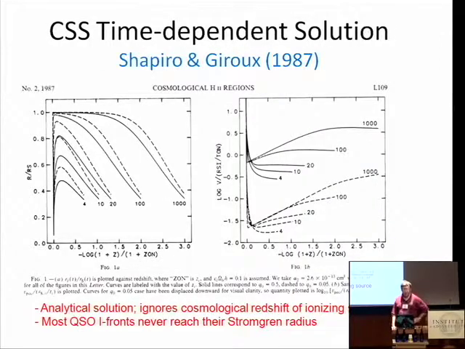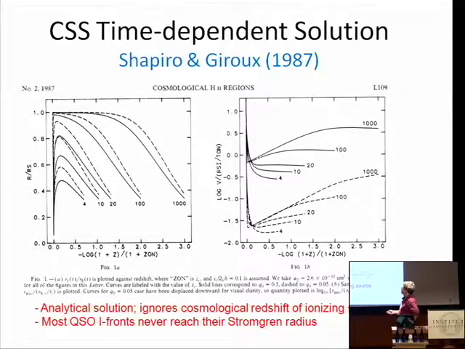Now, you can actually solve the time-dependent problem analytically, which Shapiro and Giroux did. I won't write down the formulae. They're all in our method paper, because this also is a wonderful verification test. But what's shown here are some solutions.